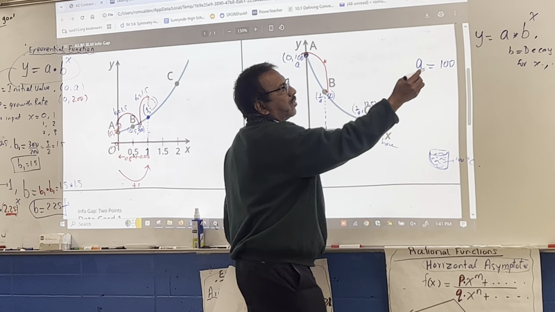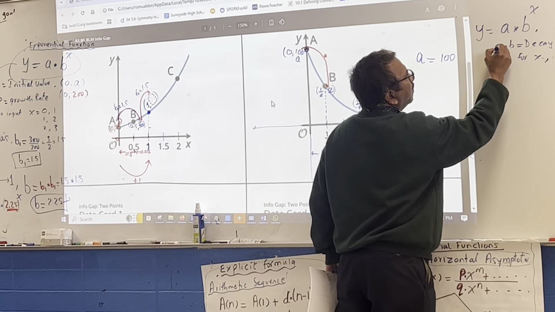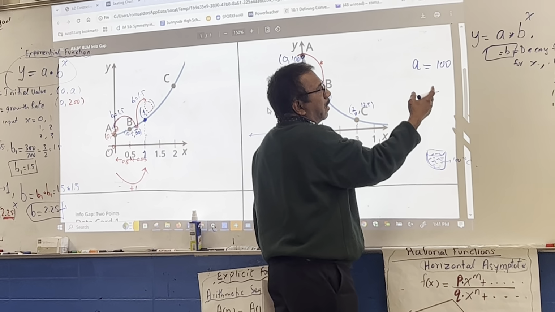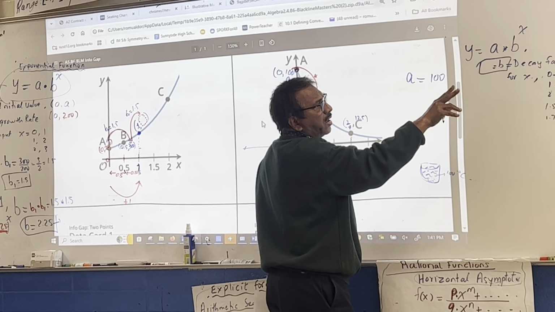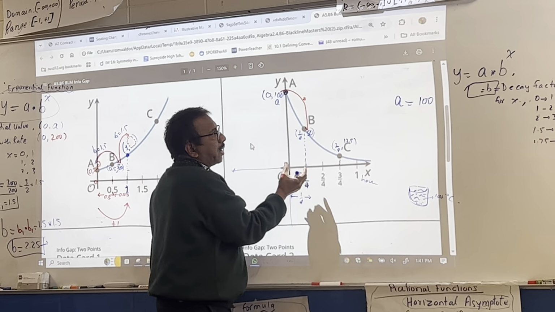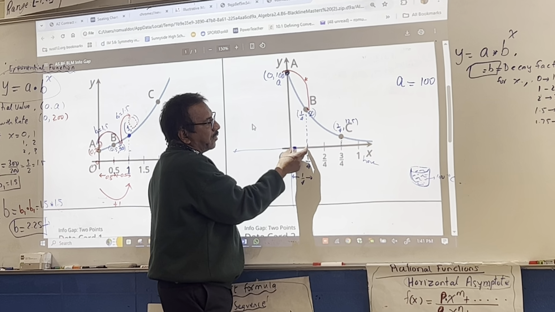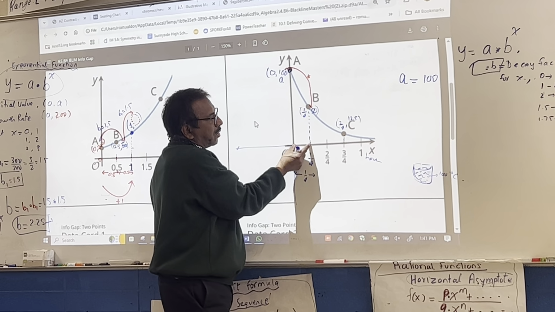So our goal is to find what B is, right? We want to know B, but to know this, that's for every increment of 1. But can we at least find some decay factor for smaller ones? Can you see from here?